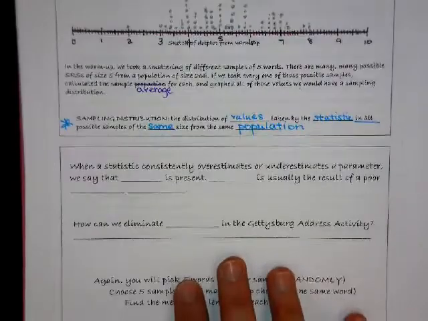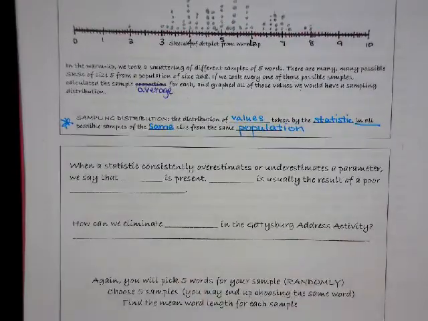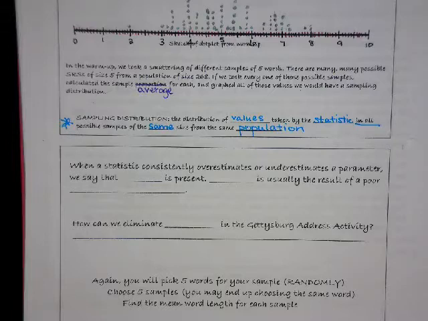All right, so when a statistic consistently overestimates or underestimates a parameter, we say that... Anybody remember the word for overestimating or underestimating? Chapter 4. I hated that chapter.